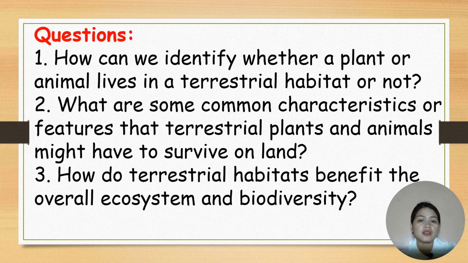So how can we identify, sa paano ba natin makikilala ang plant if they live on terrestrial habitat or not? And what are the common characteristics? So terrestrial plants, what is their common characteristic? How about the habitats?